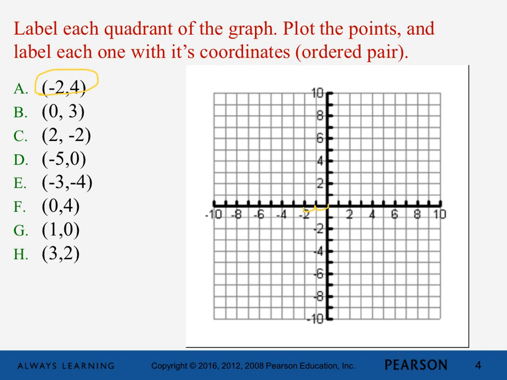We're going to go from the origin backwards 2 spaces, and then we're going to go in the positive direction on your y-axis up 1, 2, 3, 4 spaces. And so that means that the ordered pair -2, 4 is right here.